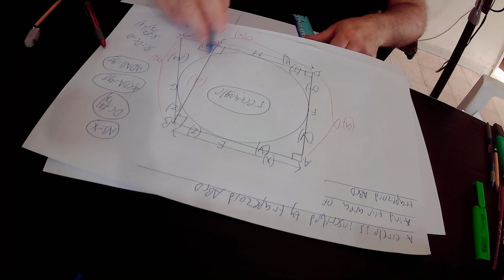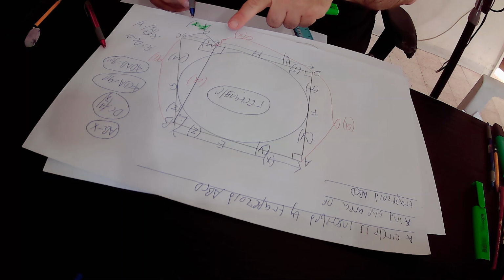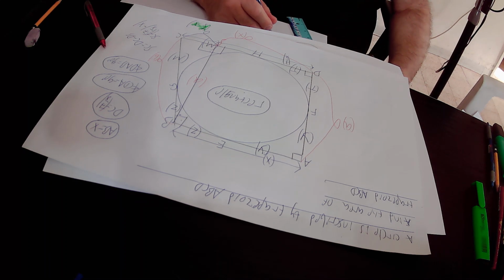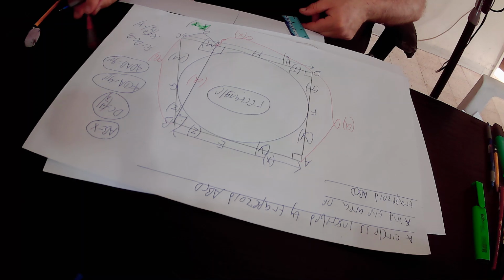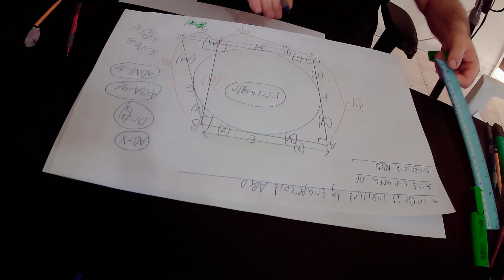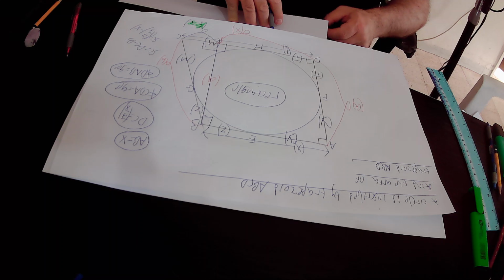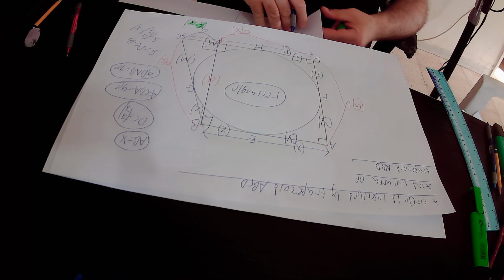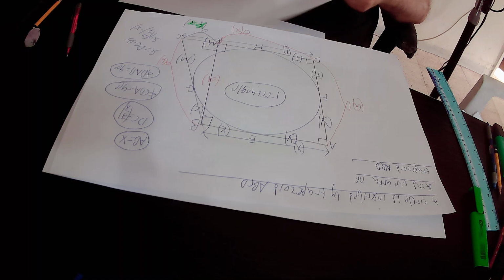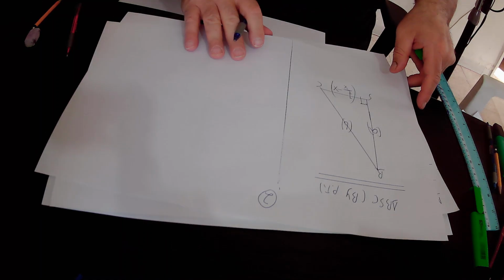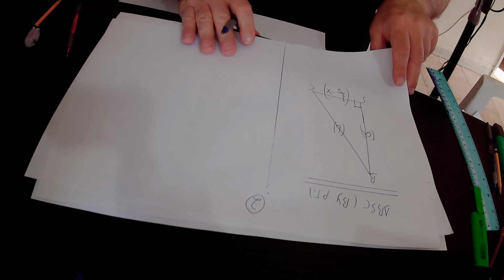Again, side BS equals A. The hypotenuse BC equals B. And we just found out that the length of this side SC equals 7 over X minus X. So actually, this right triangle BSC is a copy from the original drawing.